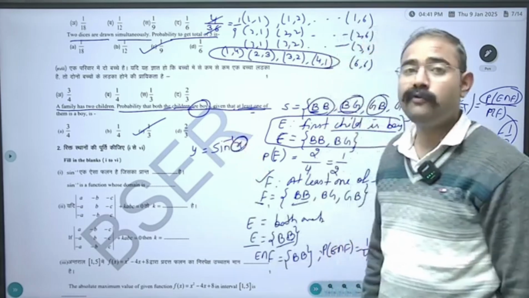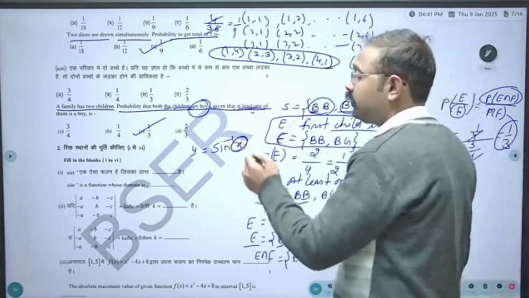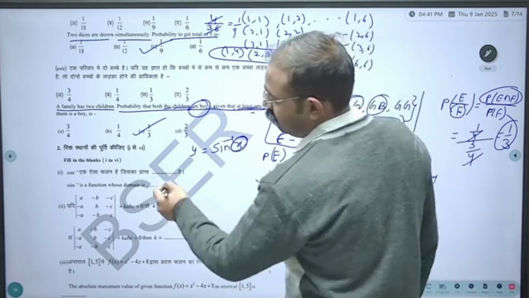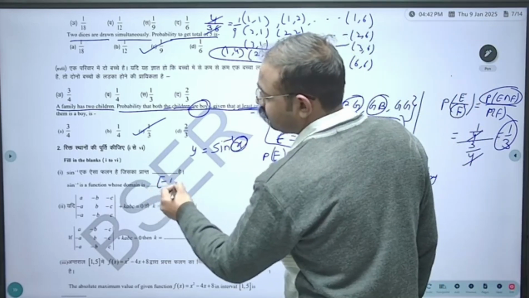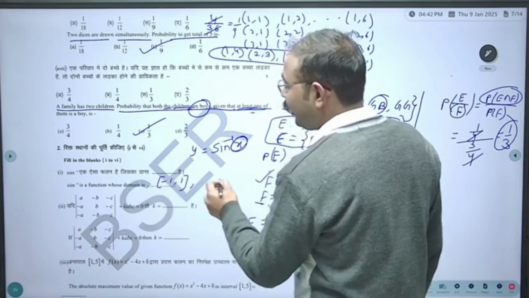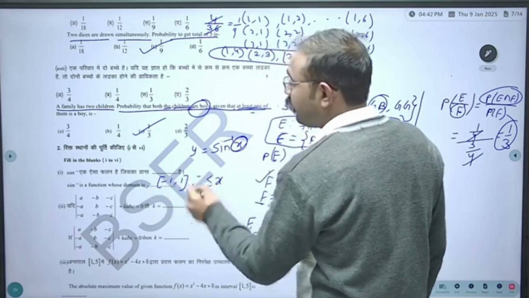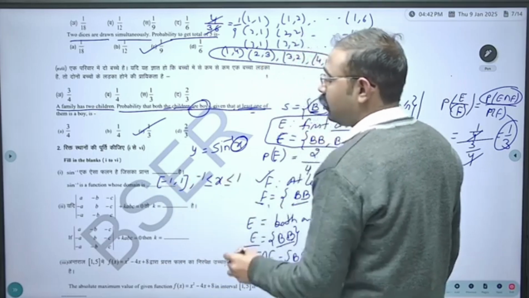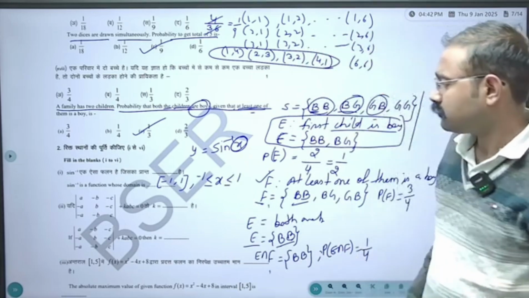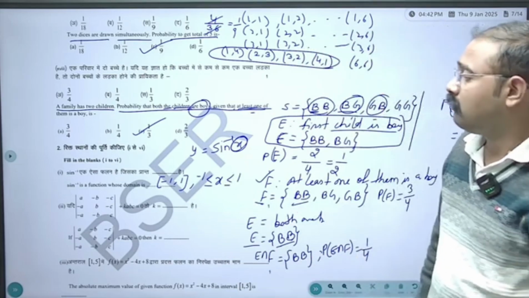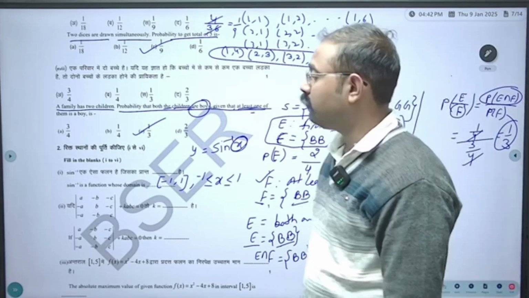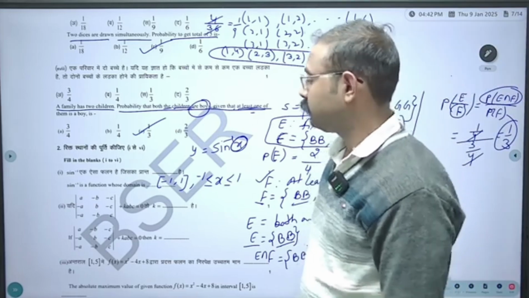At the place of x we can put numbers from -1 to 1, or we can write this as x is greater than or equal to -1 and less than or equal to 1. In both ways we can write the domain of sine inverse x.